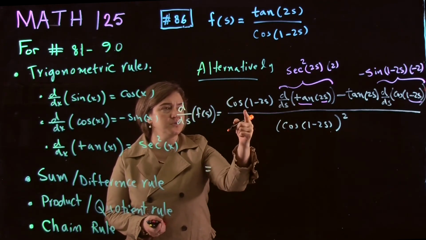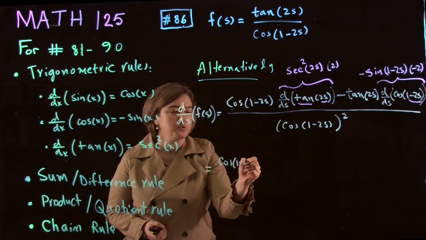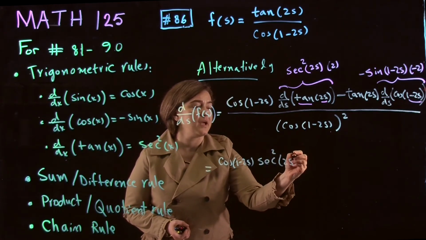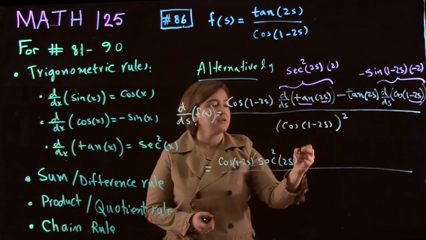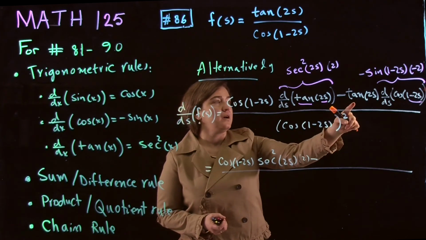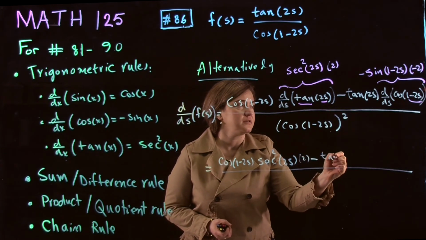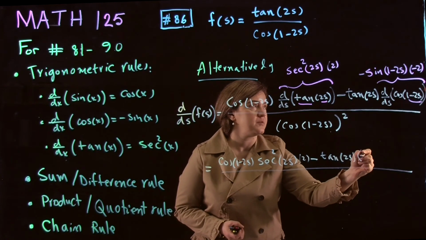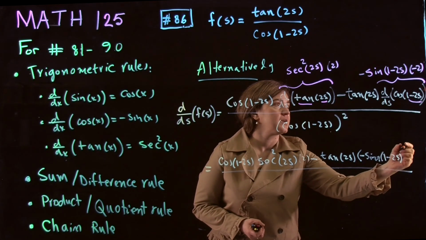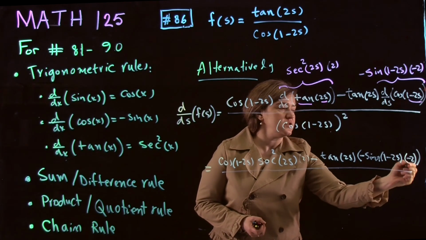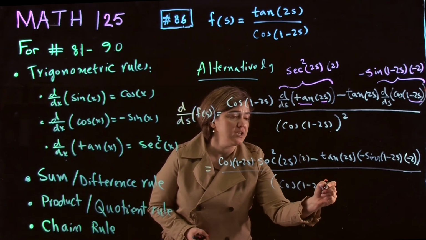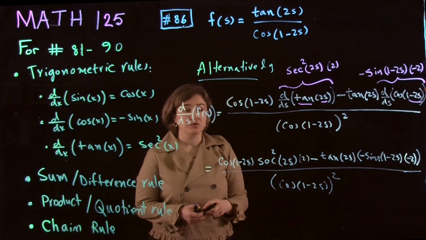This one is going to be cosine 1 minus 2s times secant squared 2s times 2, negative, and the order of negative matters, then tangent 2s times negative sine of 1 minus 2s times negative 2, divided by the denominator unchanged to power 2.